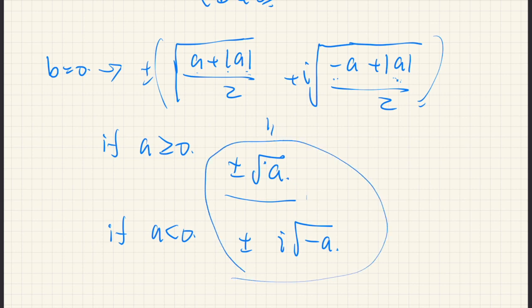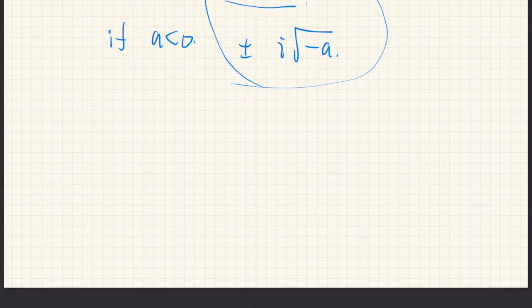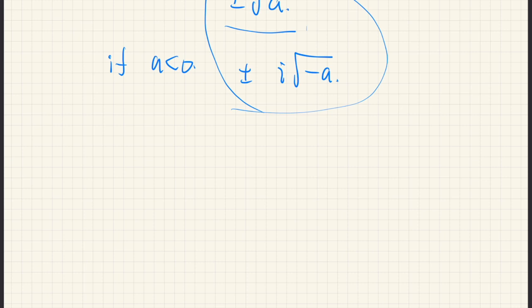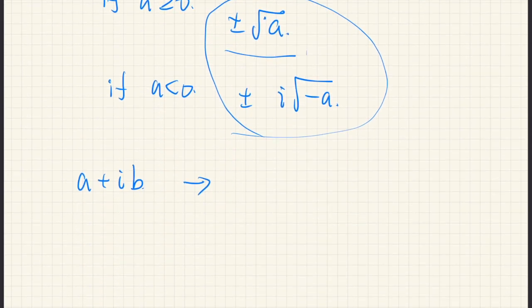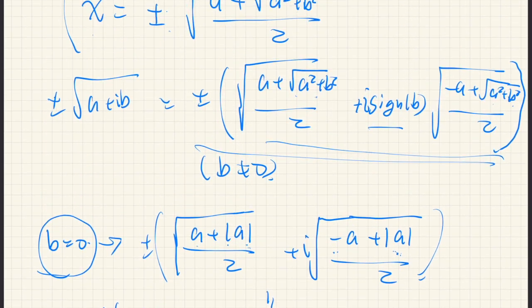And this is exactly the result we got before when we examined this case. So to summarize, the square root of a plus ib is this, so whether b is 0 or not.